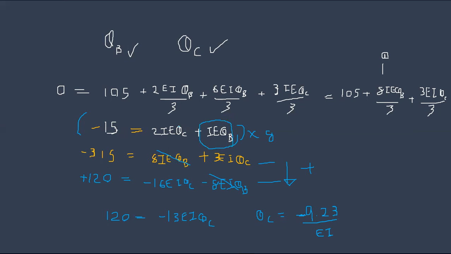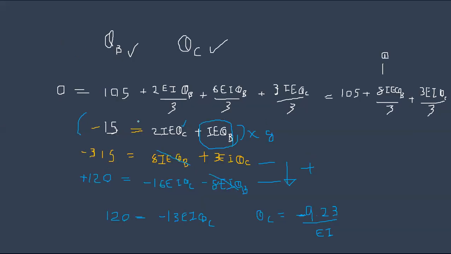And you can calculate theta B easily from this equation, right? Because you know theta C. So that's going to give you 15. So I'll take this to this side, minus 2 EI.